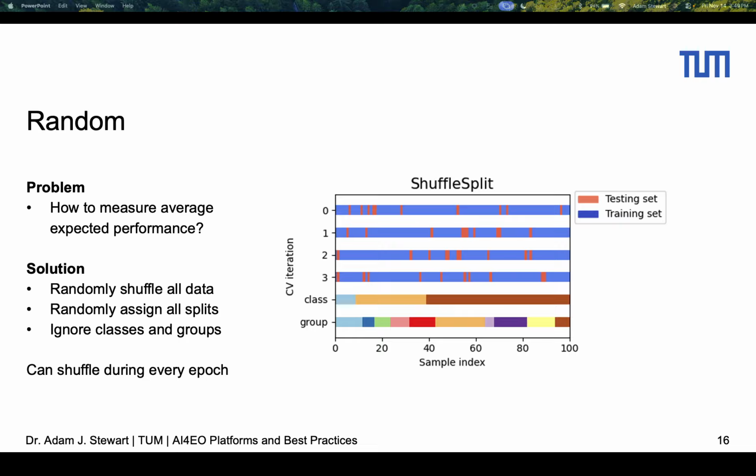If you're training your model multiple times, you can shuffle within the training data. You can't shuffle which is training and which is testing, but you can shuffle the order in which you see the questions. So for example, if you've ever taken a language course and you've had to memorize this word in English, this word in German, if you always stare at the same list, you might have also noticed this.